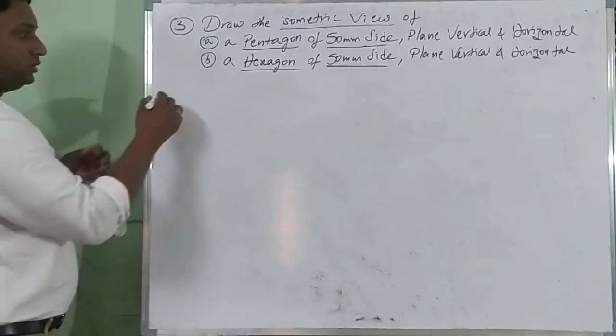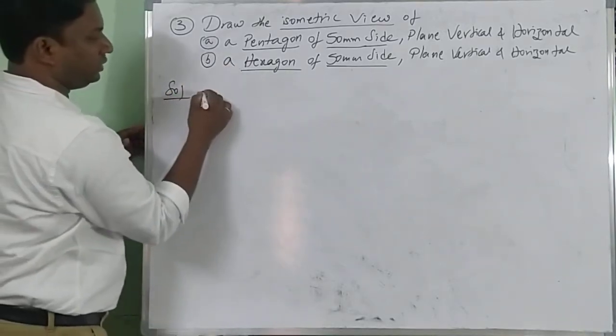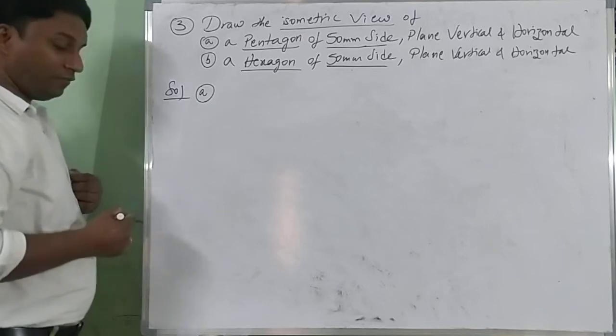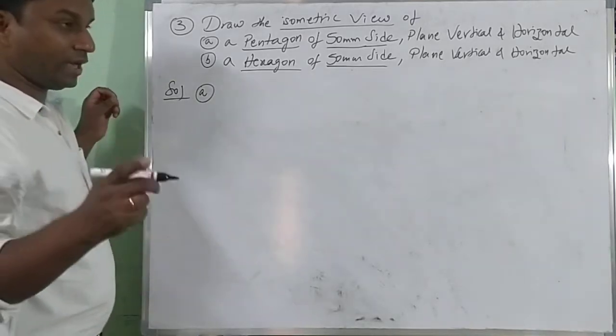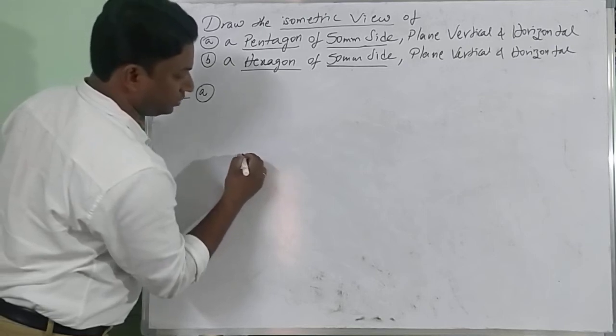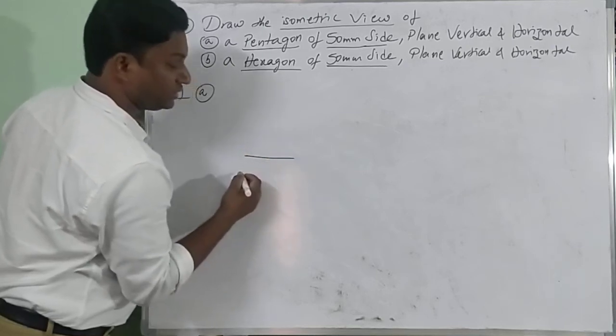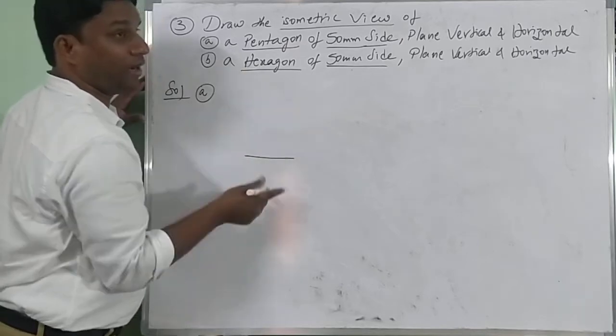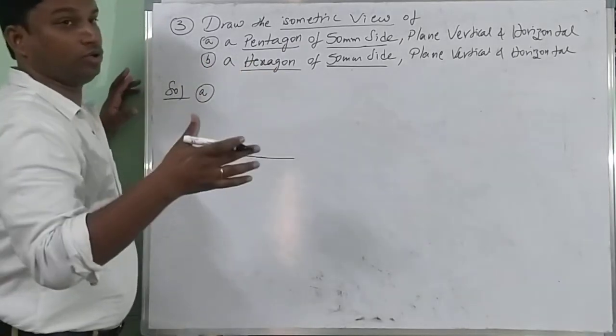First and foremost, the solution of your first one, A. Pentagon of 50 mm side, you have to draw the original dimension. Draw the original dimension of the pentagon, original size, first side being horizontal, plane vertical, parallel to your view.